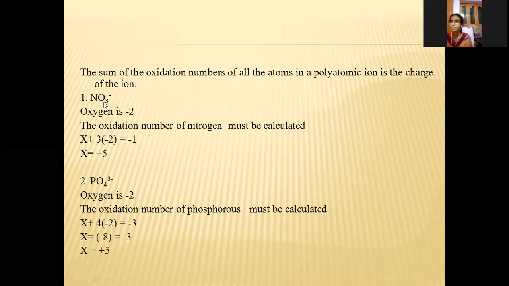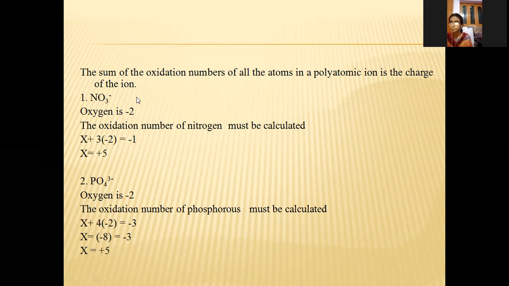Let's see the first example, nitrate, NO3 minus. Here oxygen is -2, and the oxidation number of nitrogen must be calculated.